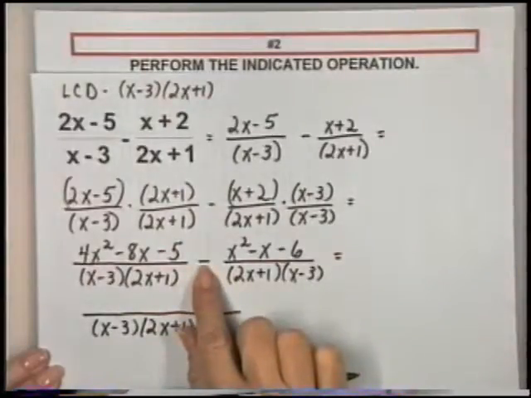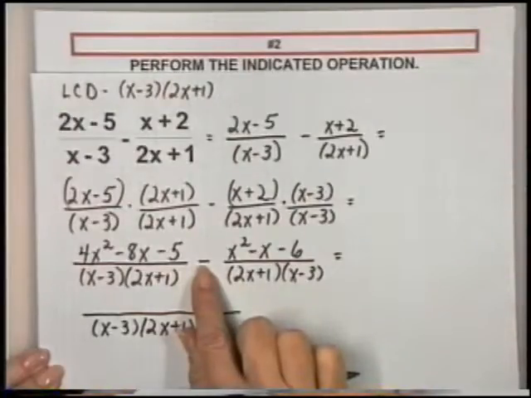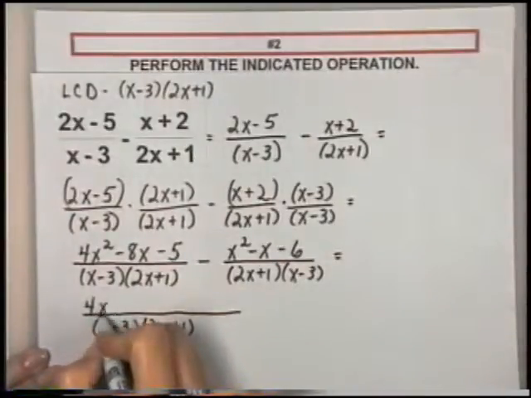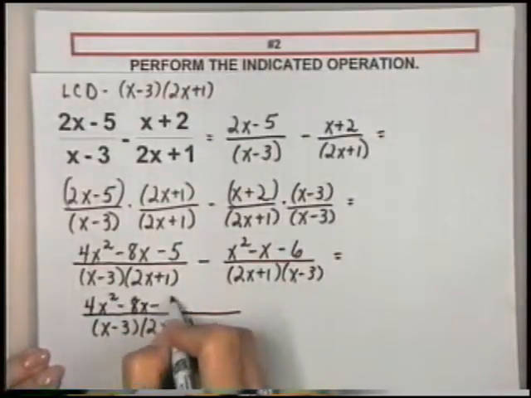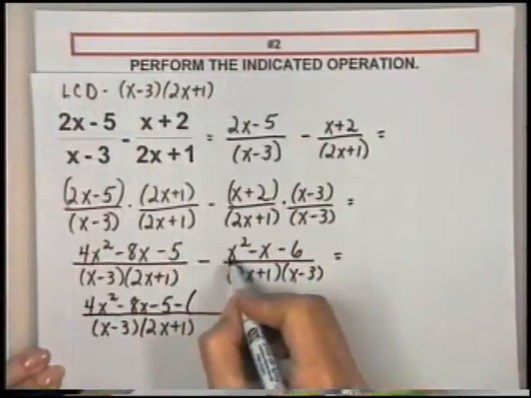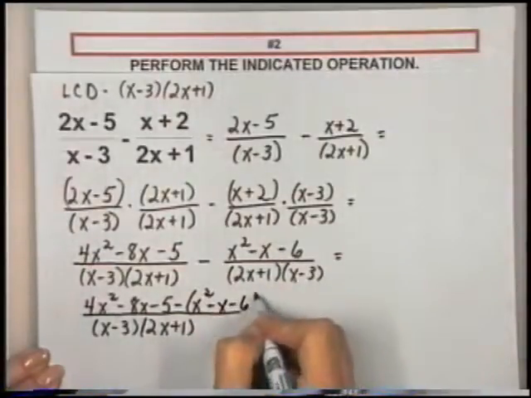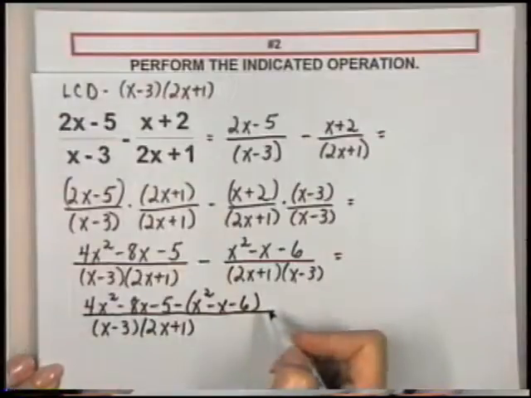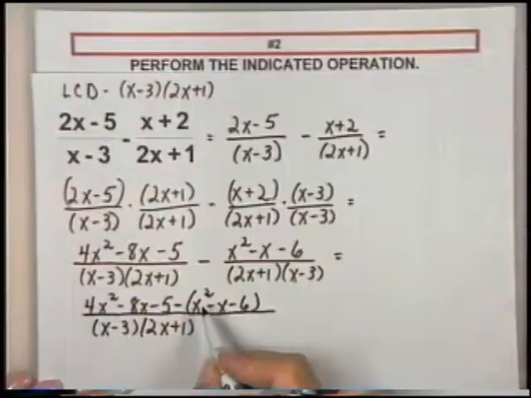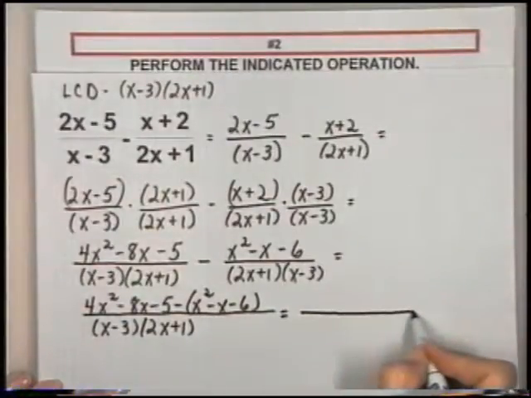For my numerator, since I am subtracting, I want to emphasize that this subtraction sign applies to all three of these terms. So I'm going to write the numerator of my first fraction. I'm going to write my subtraction sign, but I'm going to write each term in the numerator of my second fraction in the parentheses to emphasize that this subtraction sign applies to all three of these terms.